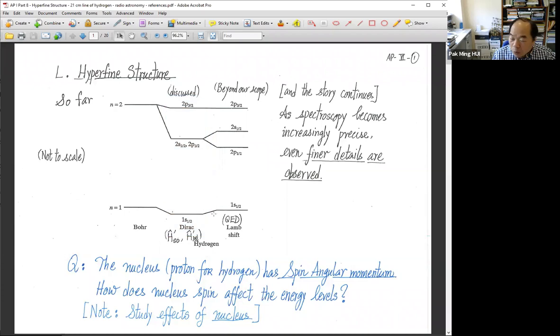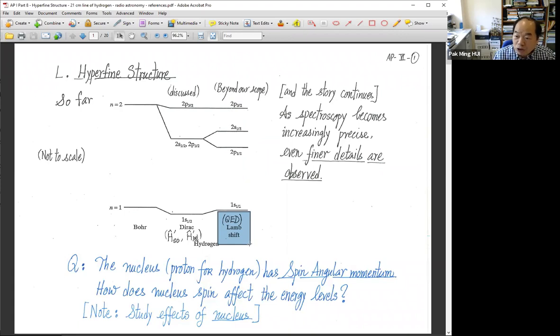But there is a part we couldn't explain further. But we look at the data. Data says there is still a little bit of further splitting, and the n equals 2 will give us 3 states. Highly exaggerated. This is one wave number out of, this will be 80,000. And then there are some shifts that we cannot explain further due to QED effects.